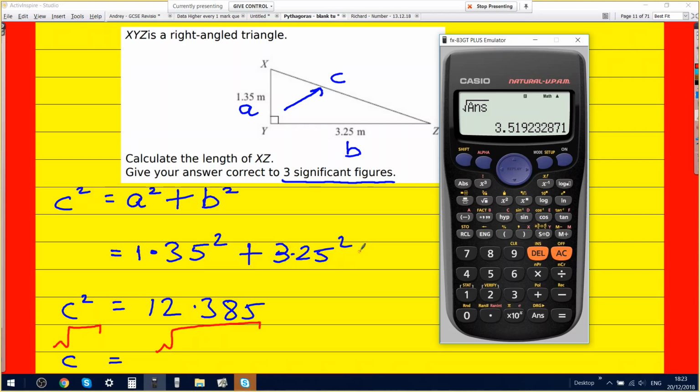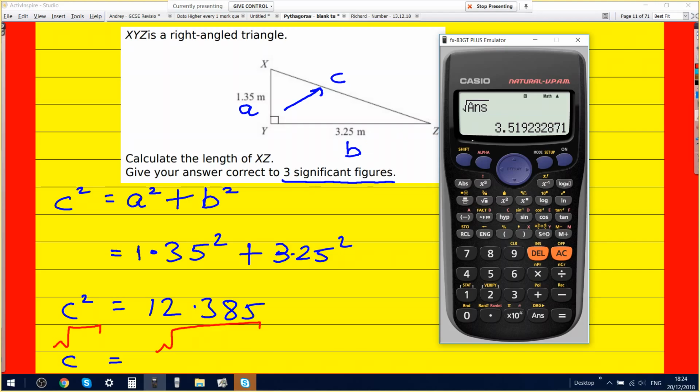Hold on. Square root 1, 2, 3, 8, 5. It's not working on my calculator, but I have it on my one.